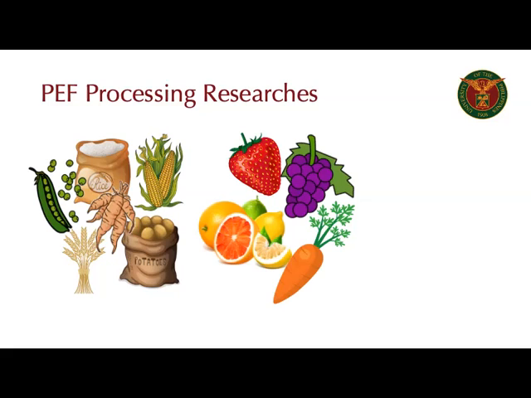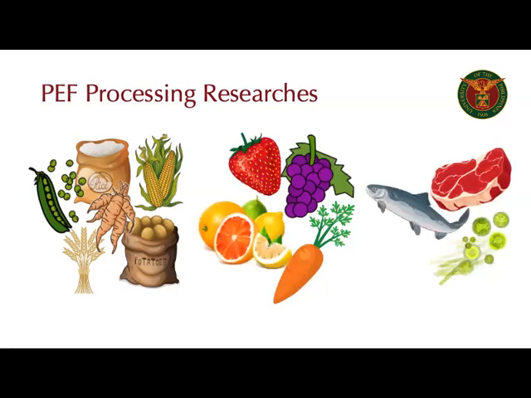And there are studies conducted to investigate the impact of PEF on the properties of meat, seafood products, and algae, among others, okay? And there are many more available researches for other different raw materials, okay?